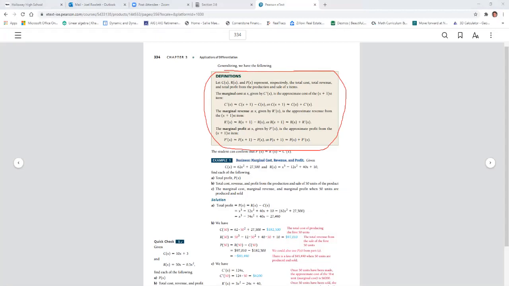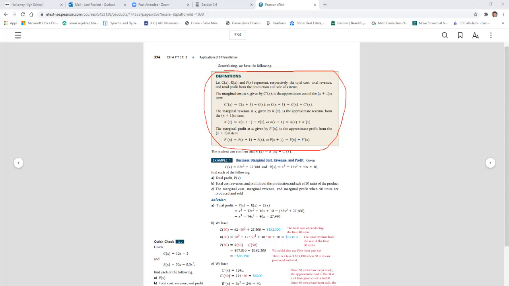The marginal cost at x, given by C prime of x, is the approximate cost of the x plus first item. C prime of x is approximately equal to C of x plus 1 minus C of x, or C of x plus 1 is approximately C of x plus C prime of x.